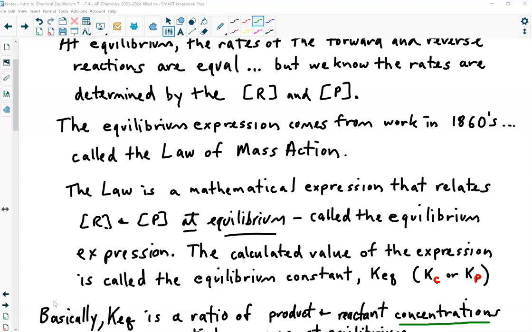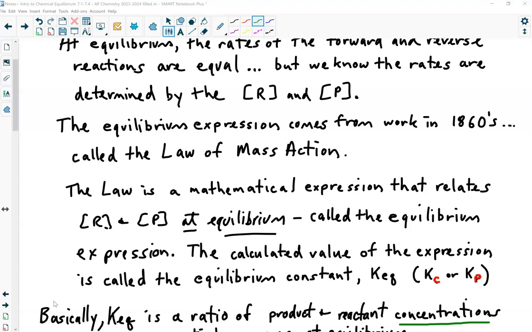It's like an equation. And the calculated value, in other words, if you write the expression, measure the concentration of reactant and product, plug those concentrations into the equation that you write, and then solve for the numerical value, we call it the equilibrium constant.